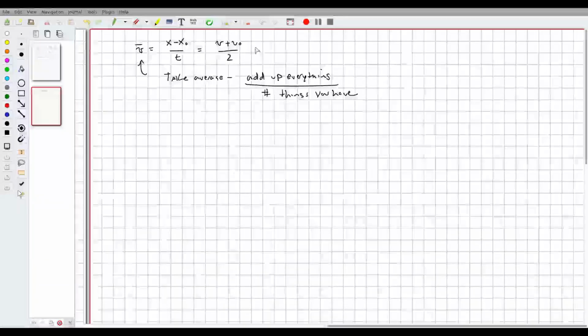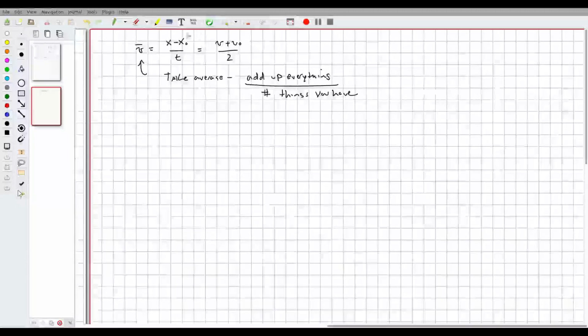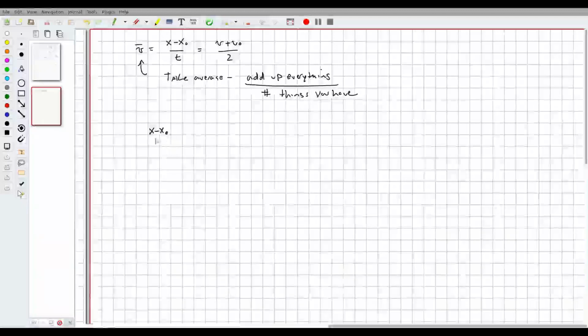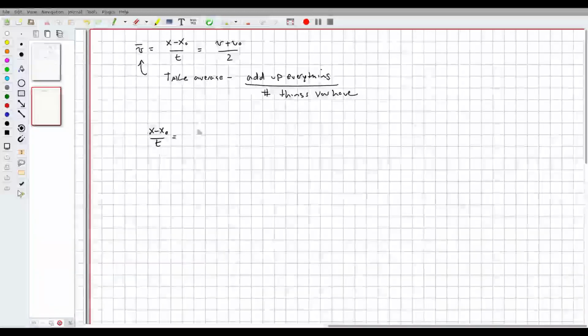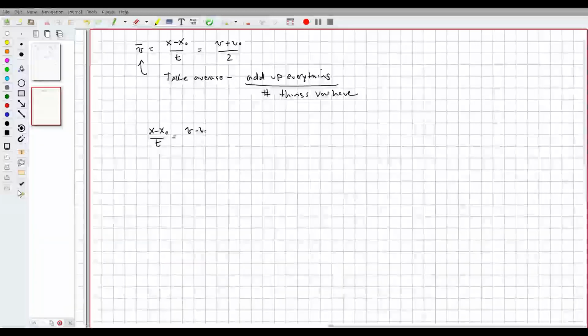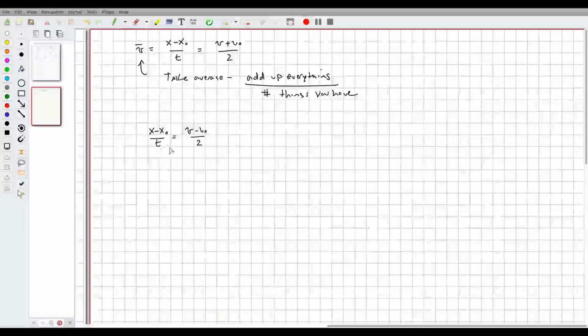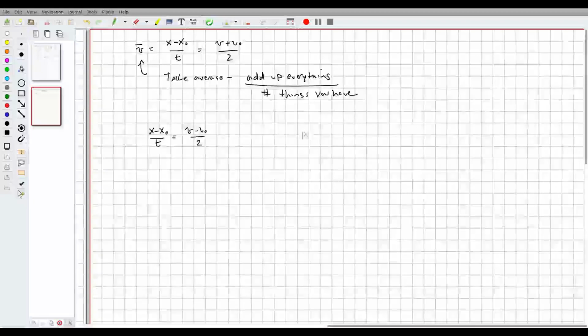This is fully equivalent, which means that you could rewrite this the following way. So I'm going to multiply both sides by t and then move the x naught over to the right-hand side.